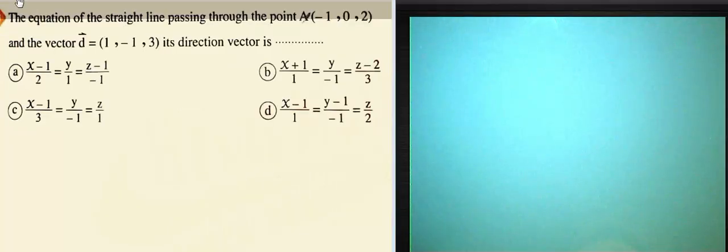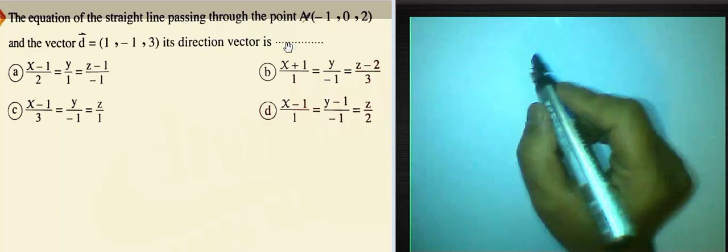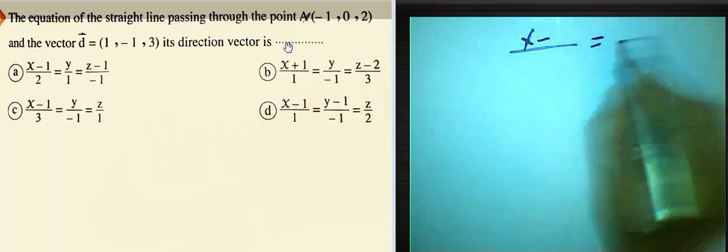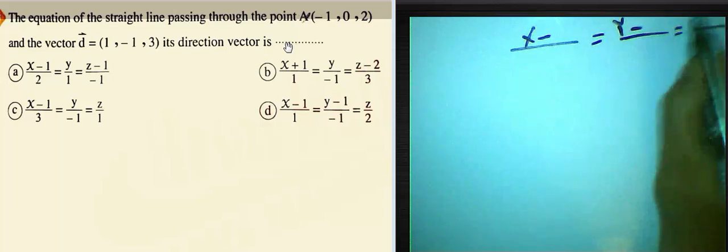Next question here. The equation of the straight line passing through the point A, negative 1, 0, and 2, and the vector D, 1 and negative 1 and 3, its direction vector is. Okay, he asked about the equation of the straight line. We have the point and the vector D. Okay, we can write x subtract and y subtract and z subtract.